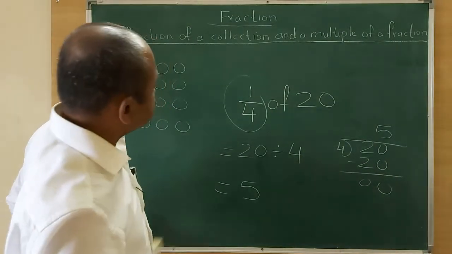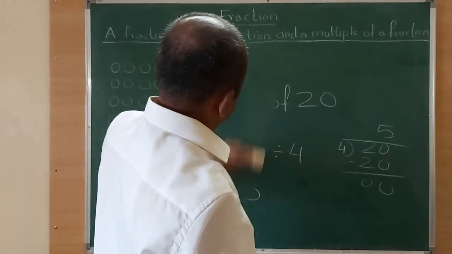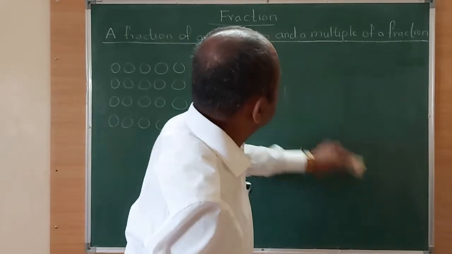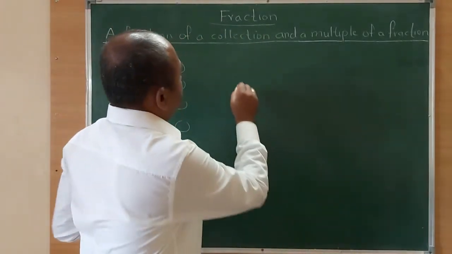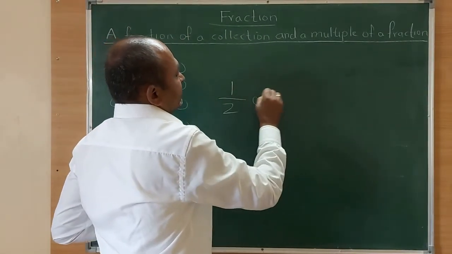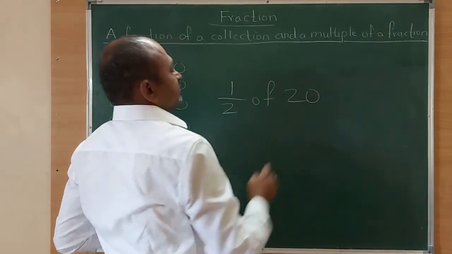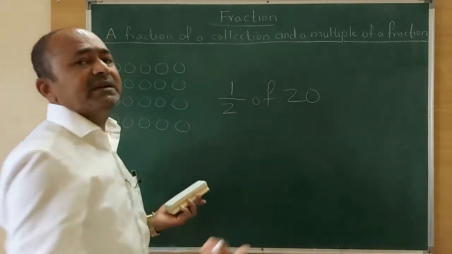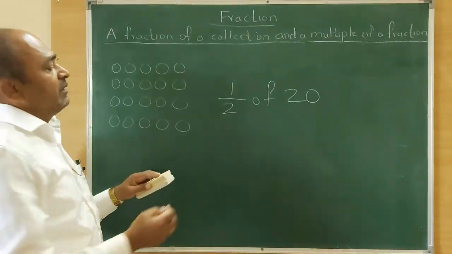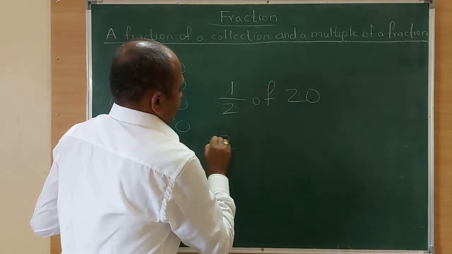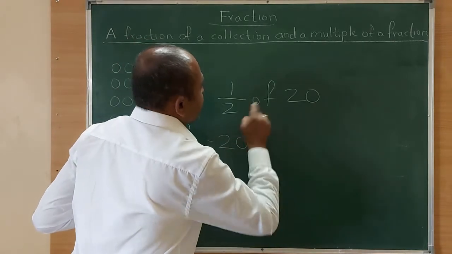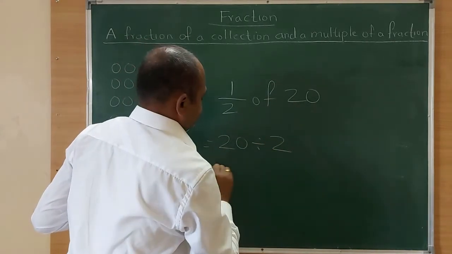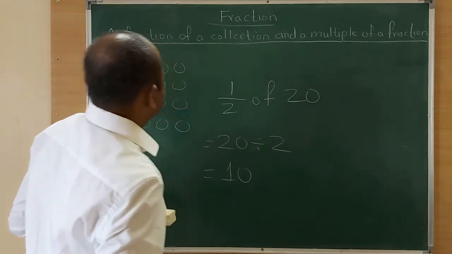Suppose here it is 1 upon 2 of 20. 1 upon 2 of 20 means half of 20. Easily you can say, half of 20 is what? 10. That is equal to 20 divided by 2, and that is equal to 10.